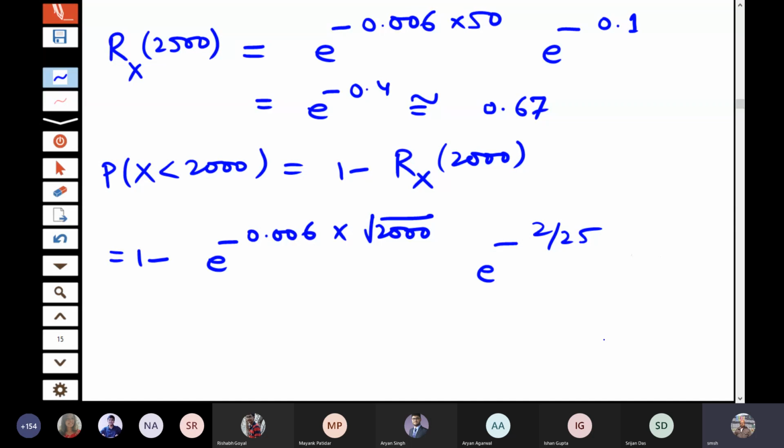Anyway, you just check this calculation because I cannot use my calculator at this point of time. So just check what the value is here. Okay.